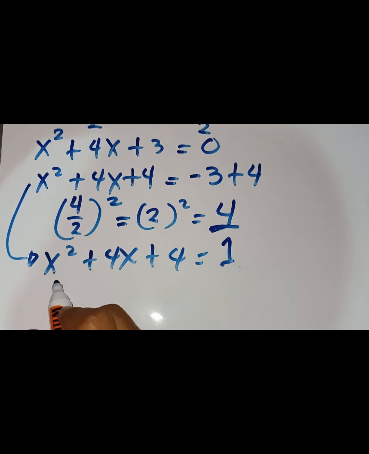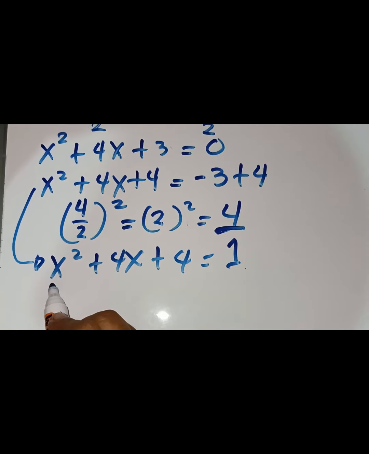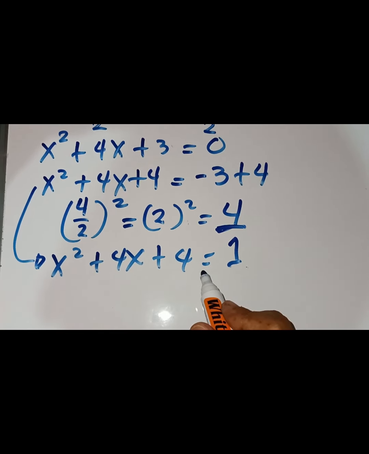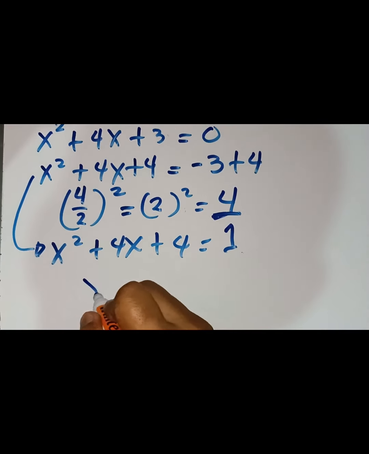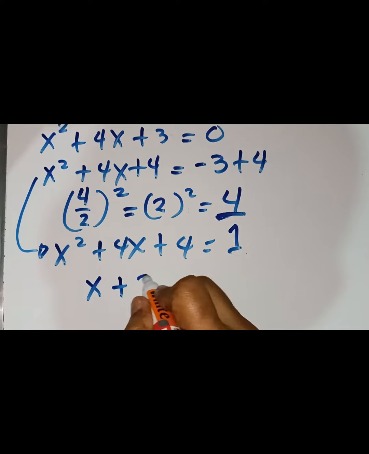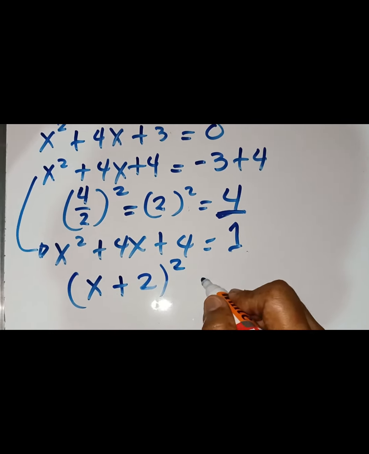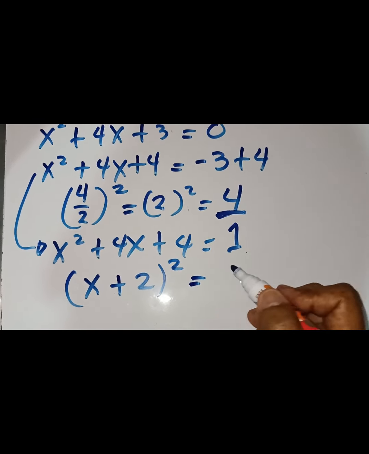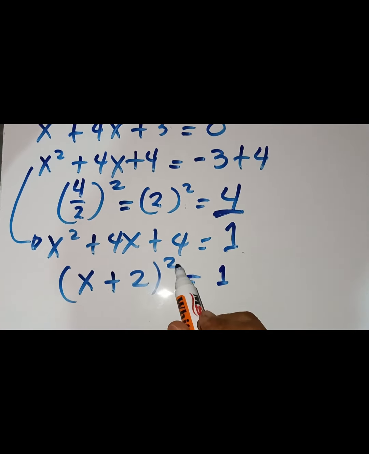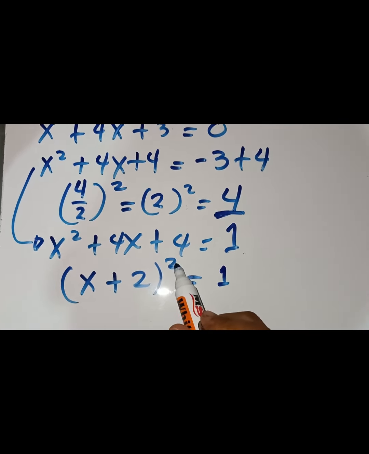Next thing to do is transform the perfect square trinomial to a perfect square binomial. So, we have x plus 2, the factor of 4, squared is equal to 1. Then we have to eliminate the exponent 2.